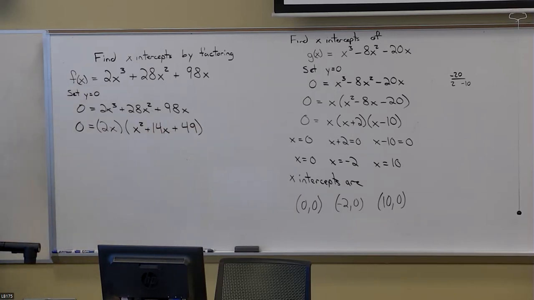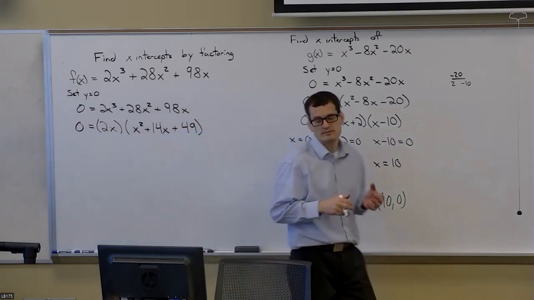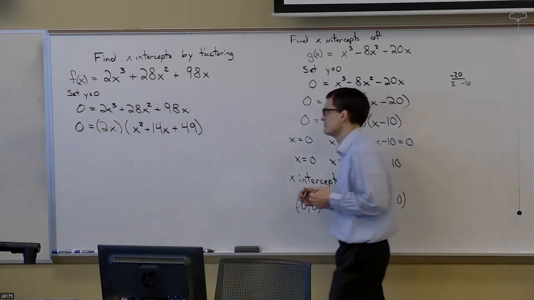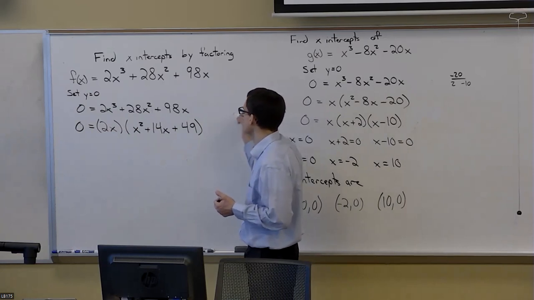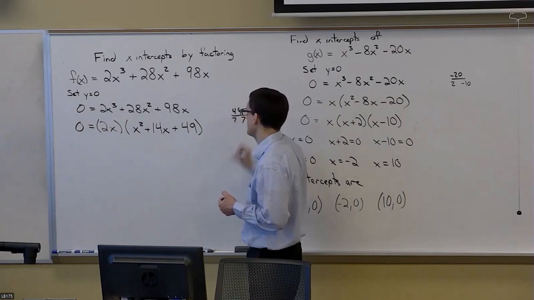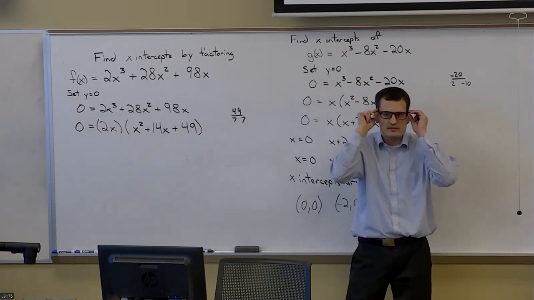x squared plus 14x plus 49 is a polynomial which is quadratic. And we've dealt with quadratic functions before, quadratic polynomials, and dealt with factoring. So we can do factors of 49 that add to 14. Well, they're both 7.